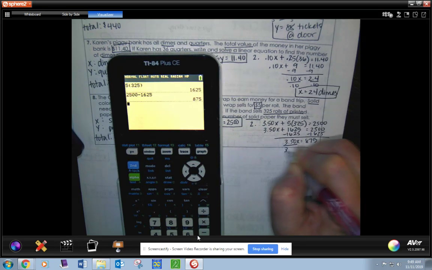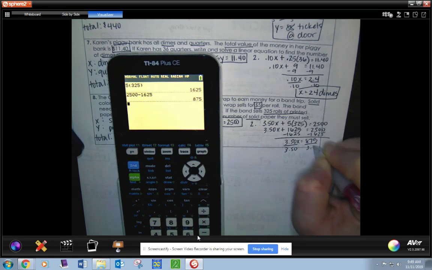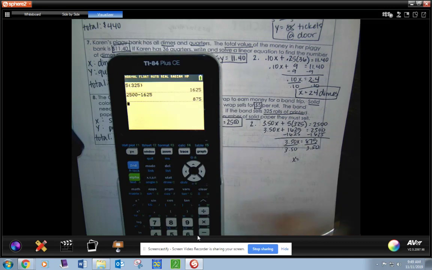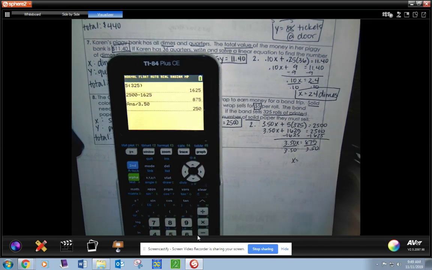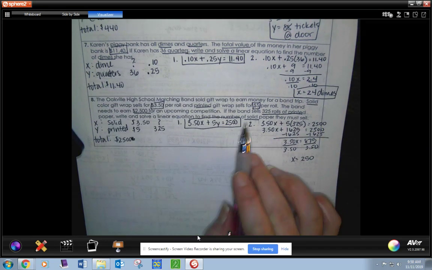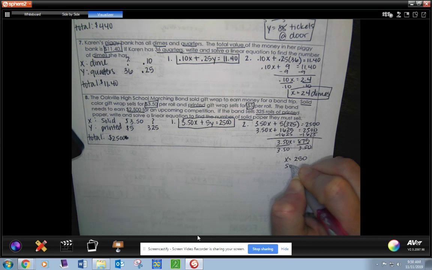I divide by 3.50. And that gives me 250, and I am finding solid paper rolls. So 250 solid paper rolls. And there's my answer. Okay, now that you've seen the notes, you've got 5 problems to try on your own. Stop and ask questions if you need to.